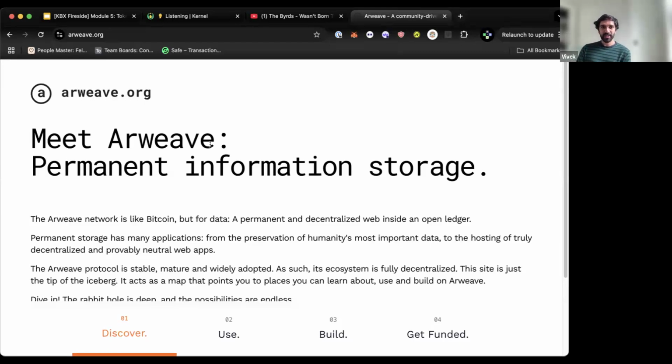You purchase storage from Arweave, which is a network like Bitcoin, but for data. And you're able to guarantee that that information is going to be stored on a variety of machines around the world and be accessible for at least 200 years.